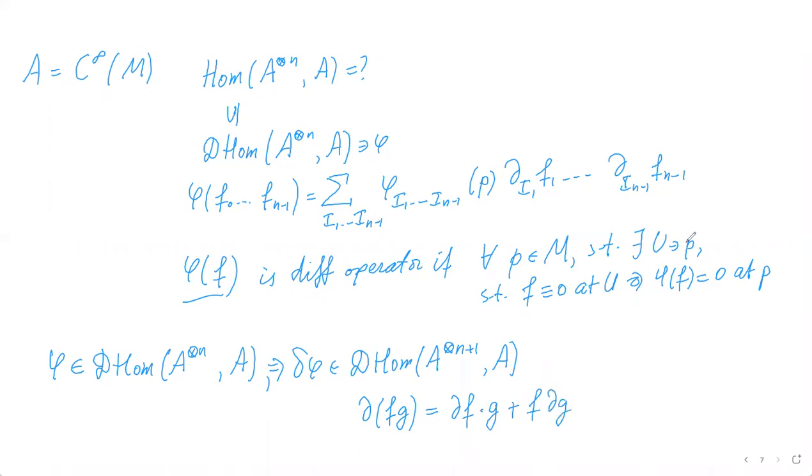So if you apply this observation, then you will see immediately that delta preserves this subspace of operations, and what you obtain is usually called the Hochschild differentiable complex of the manifold.